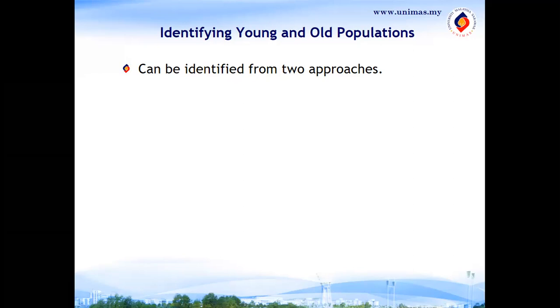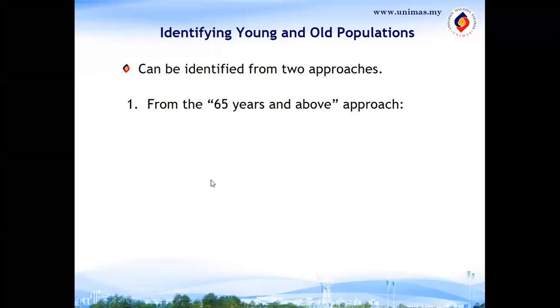Jadi there are two approaches, ya, dua pendekatan yang boleh digunakan untuk mengenal pasti sama ada suatu populasi itu populasi yang muda ataupun populasi yang tua, right? Okay. The first approach is what is known as the 65 years and above approach, ya, dari melihat kepada yang berumur 65 tahun ke atas. So how many people or what percentage of people belongs to that group?